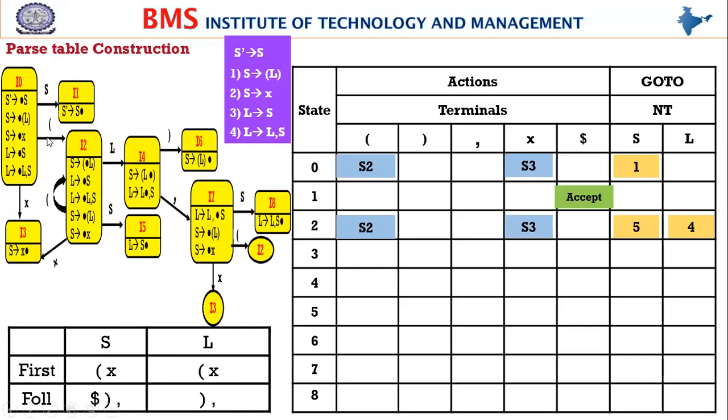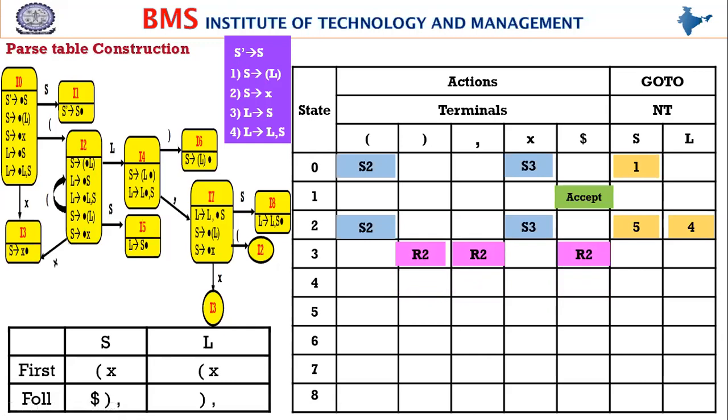And from state 3, what do we have? The reduce action. Please observe this. The dot has reached the extreme right in this one by consuming X. But the production, who is producing it? S is producing. So as to write the reduce actions, we should take the follow of S. What is follow of S? Dollar, closing parenthesis, comma. See state 3: dollar, closing parenthesis, comma. We are writing R2.